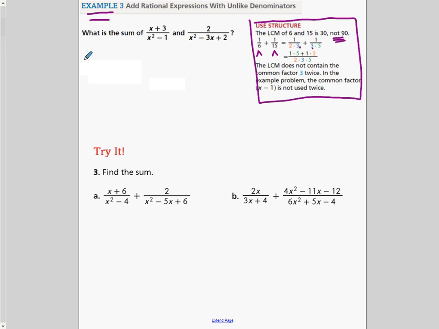As we check the two fractions, if we're trying to add them, we need to begin by seeing what factors would be used to make x squared minus 1. So I'm just factoring it to x plus 1 times x minus 1. And the other denominator, x minus 2 times x minus 1.